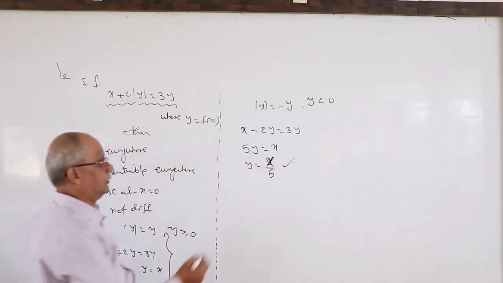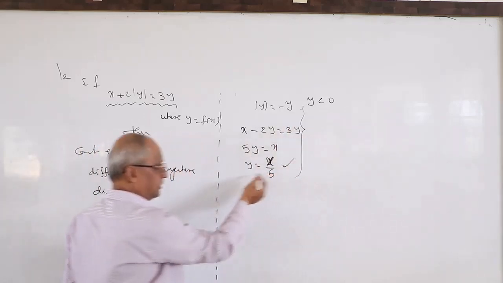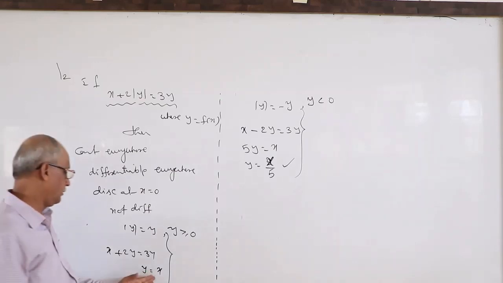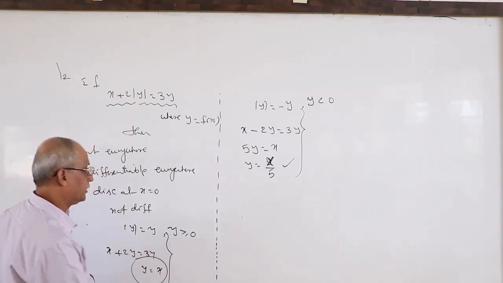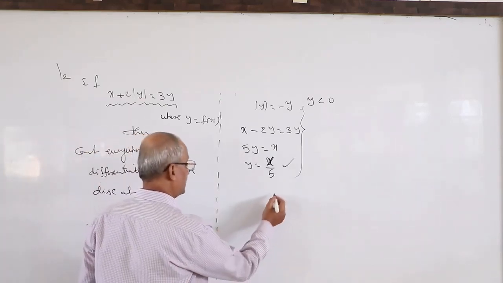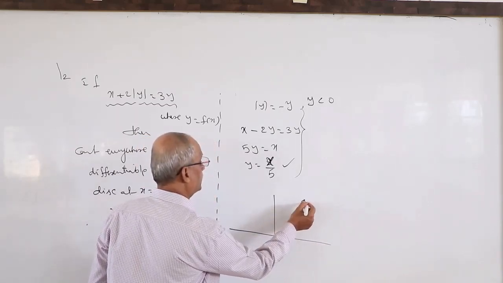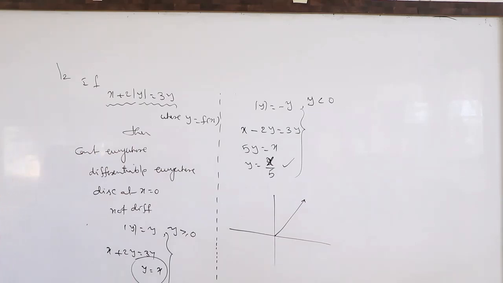Now, we know how to draw the graph geometrically, in the form y equal to mx plus c. y equal to x, already you know this. What is the y equal to x graph? Passing through the origin. It is a straight line. We know that a straight line is definitely a continuous function, a linear function.